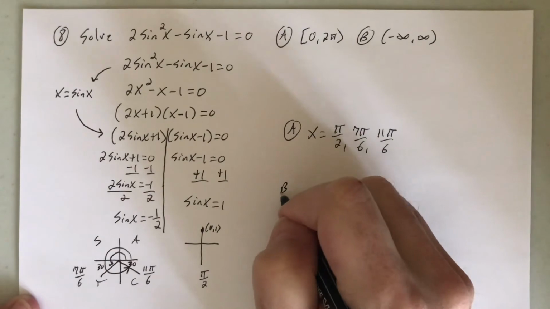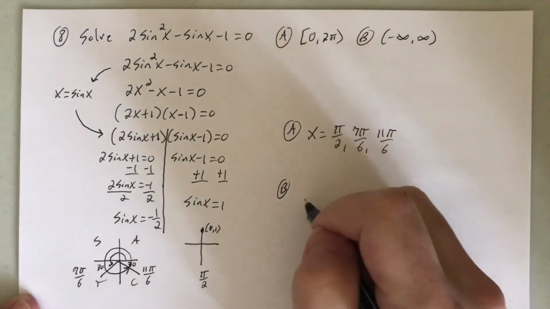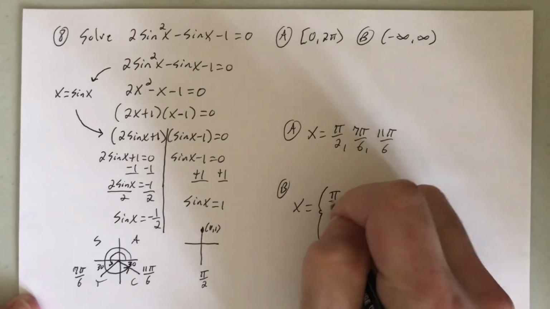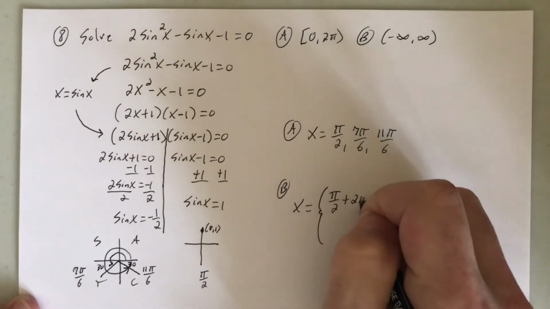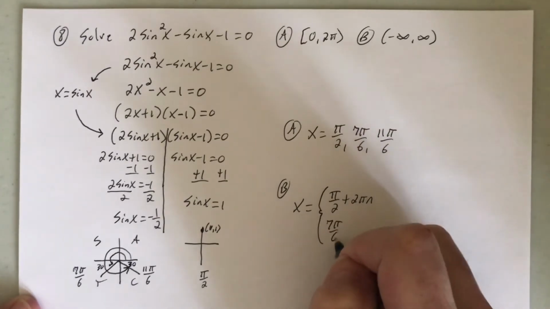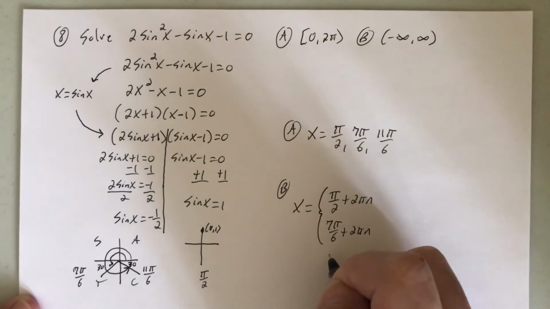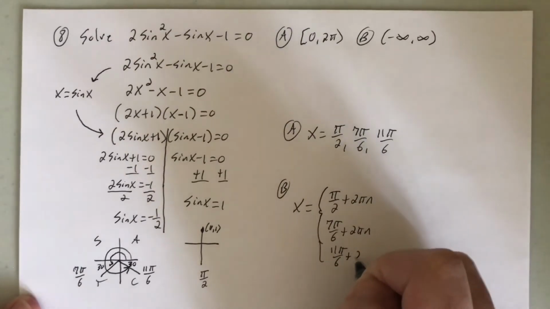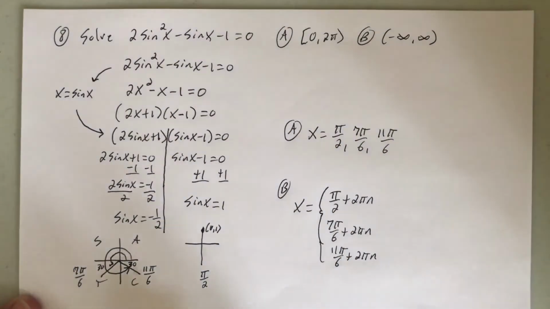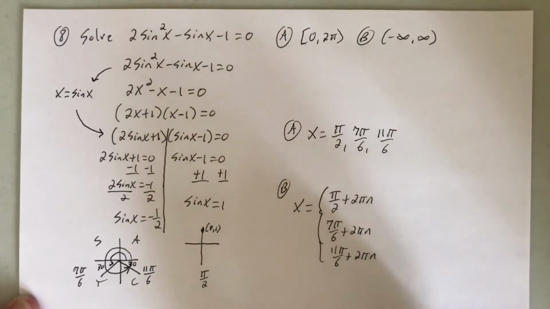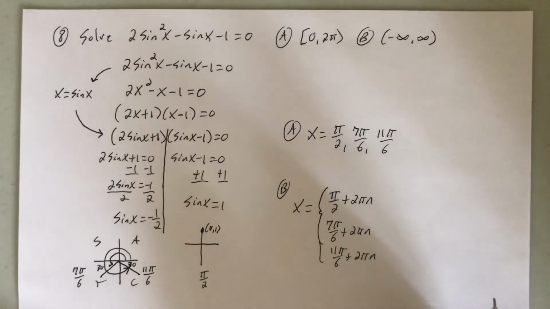And for part B, which would be from negative infinity to infinity, all I need to do is list those three solutions and put on the period times n, so pi over 2 plus 2 pi n, 7 pi over 6 plus 2 pi n, and 11 pi over 6 plus 2 pi n. So this is for part A, from 0 to 2 pi, and this was from negative infinity all the way to infinity. So let's look at another one that has to do with factoring.